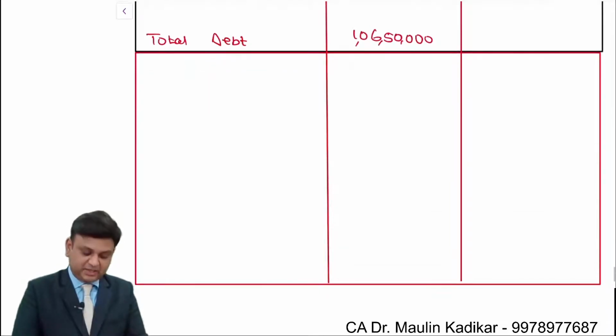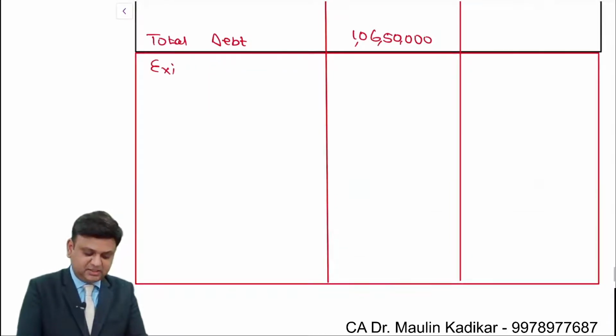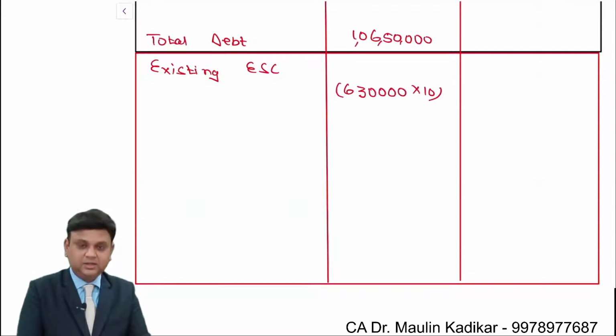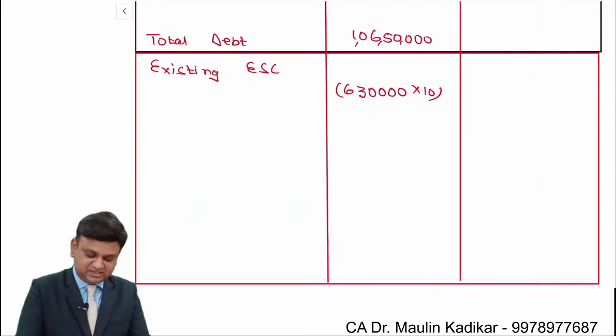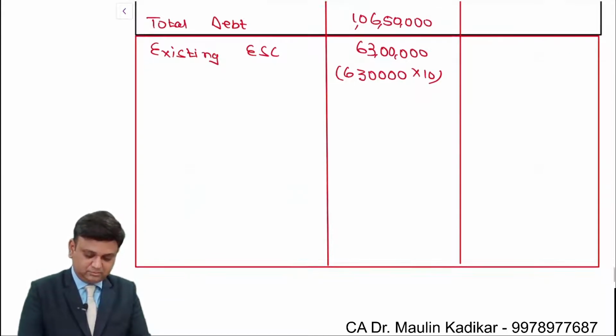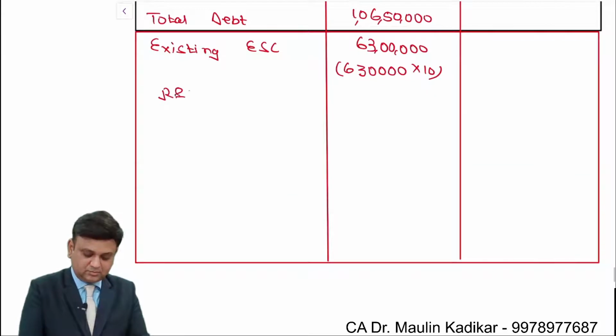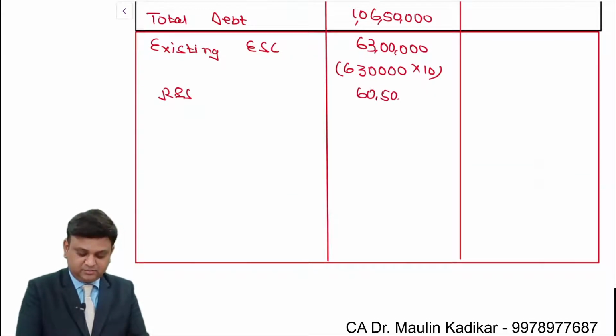Now we understand the existing equity share capital, this 6,30,000 into 10, that comes to 63 lakhs. Reserves and surplus 60 lakh 50,000.